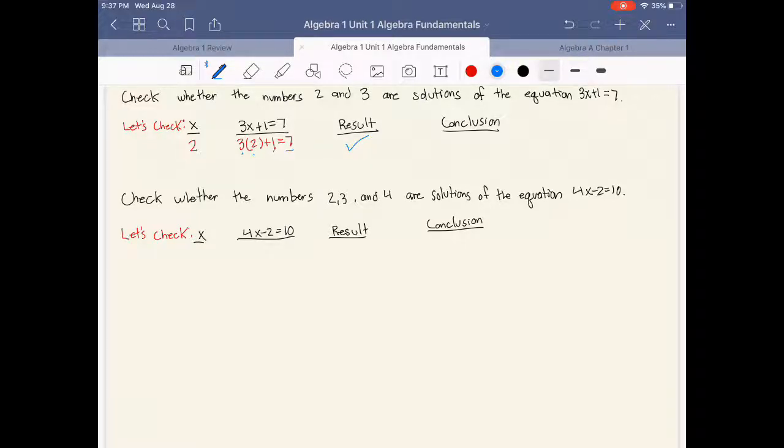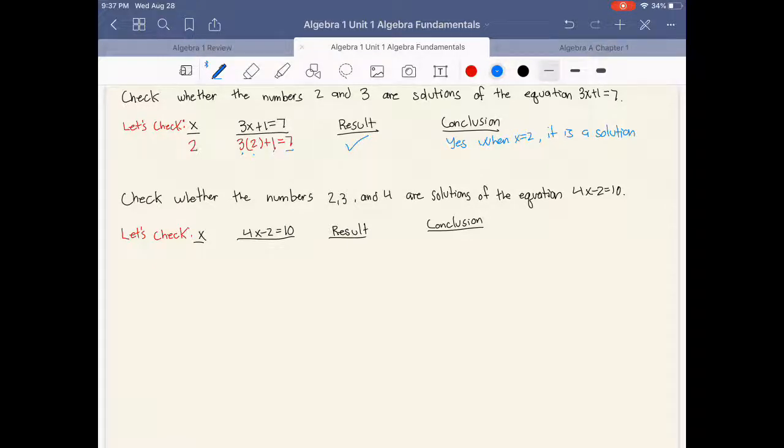So we conclude by saying yes, when x equals 2, it is a solution to 3x plus 1 equals 7. Okay? If there are any questions, hold that off till I come back.